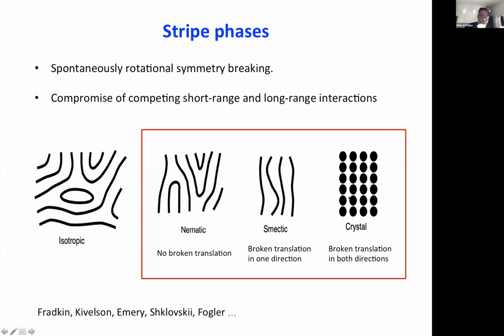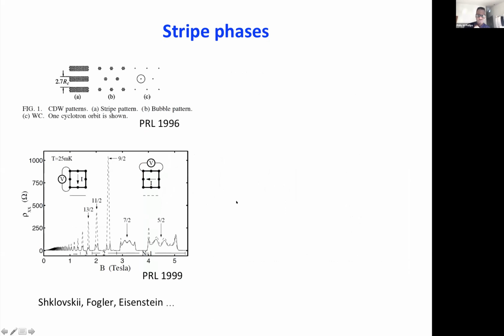In a 2D case, that would be breaking the translational symmetry in both directions. There's also the smectic phase, which is somewhere in between the nematic phase and the crystal phase. It breaks rotation and also breaks translation in one direction. And finally, we have the nematic phase, which only breaks the rotational symmetry, but preserves the translational symmetry of the system.